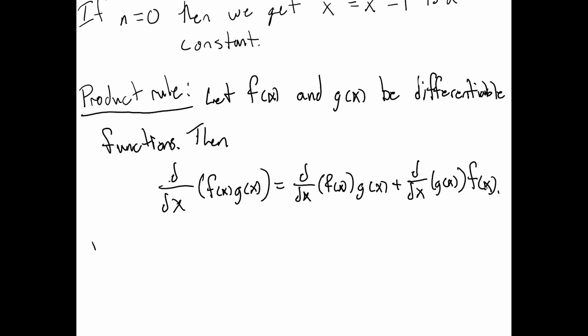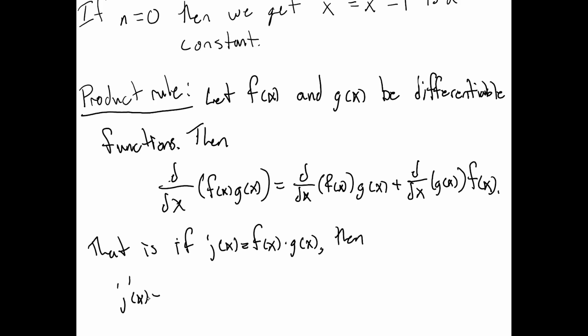Okay, so that is if j of x equals f of x times g of x, then j prime of x equals f prime of x g of x plus g prime of x f of x.